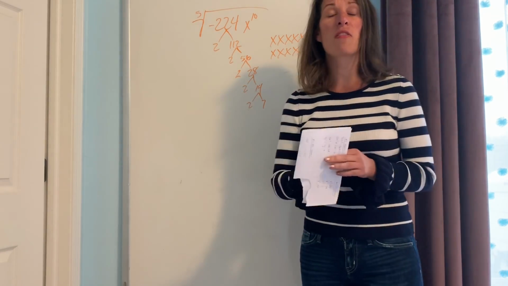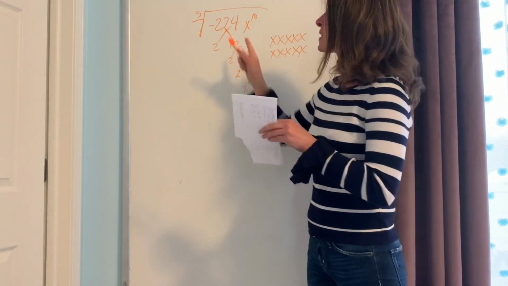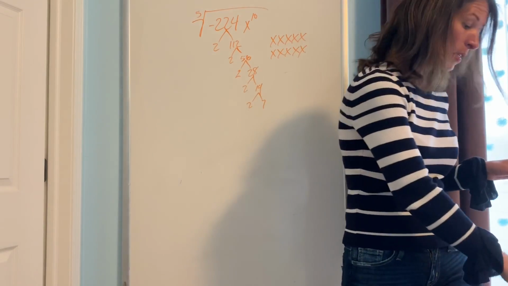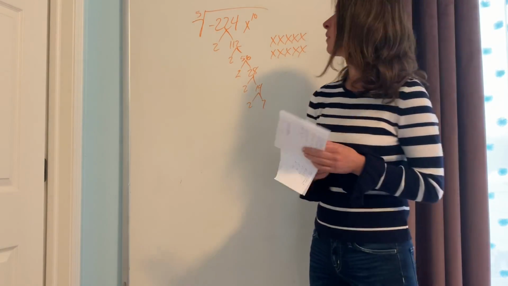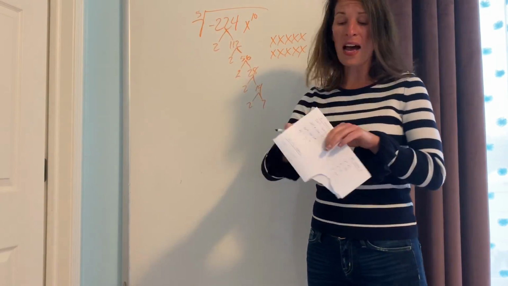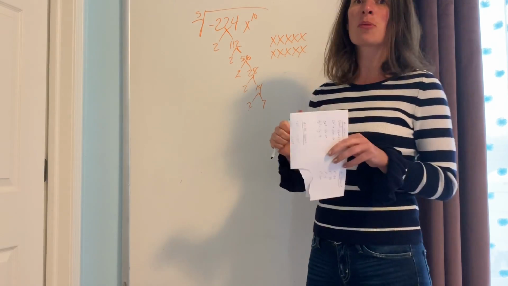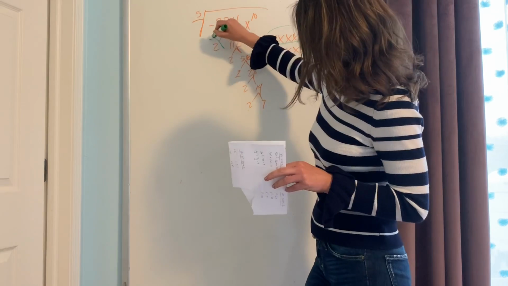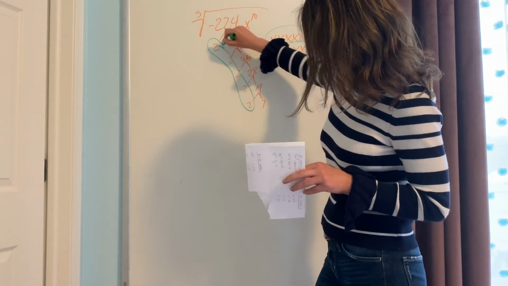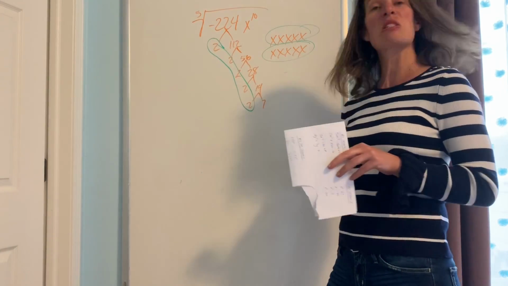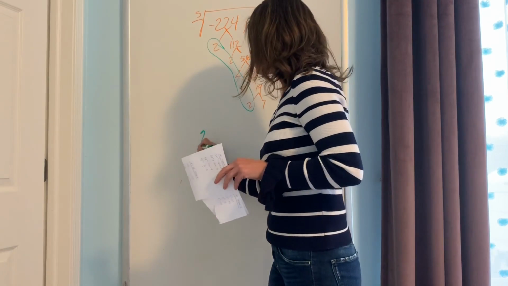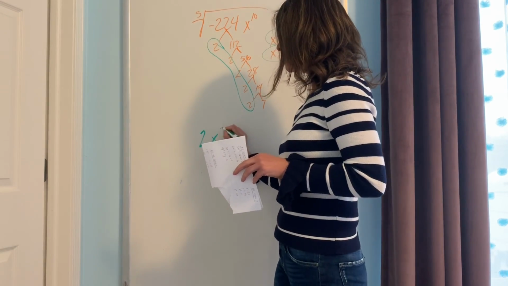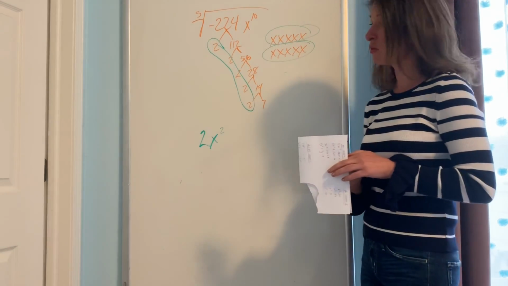So all I've done so far is break down what's inside my root, what's inside my radical. Then the next thing I'm going to do, I have 5, which means I need 5 of anything to break it out of jail. So anything circled gets to come out. So I have 2x squared because I have 2 groups of those.